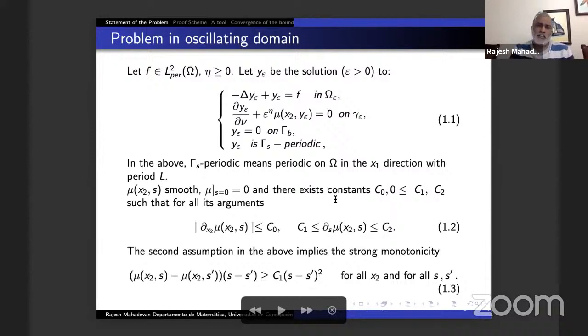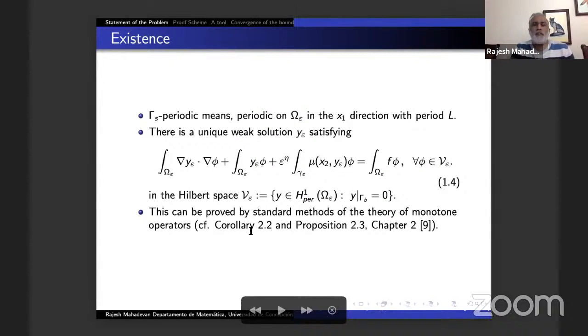Under such conditions, the existence of a unique solution to the above problem can be shown in the setup of monotone operators. For example, you can look at corollary 2.2 or proposition 2.3 of the book of Showalter on monotone operator methods in Hilbert spaces.